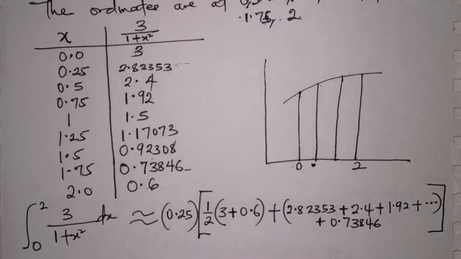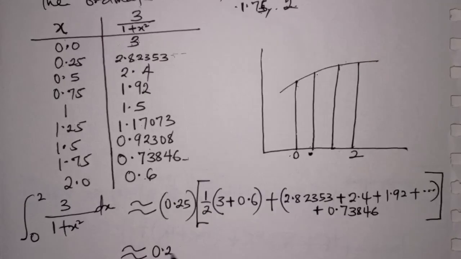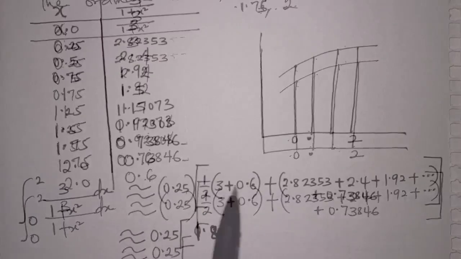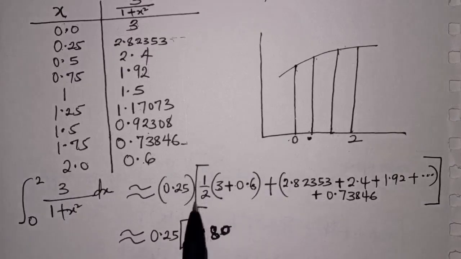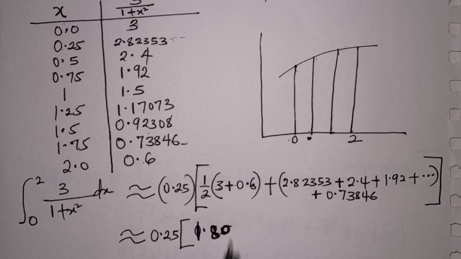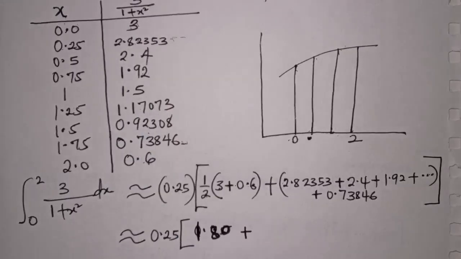73846. This integral is approximately equal to 0.25 into 3 plus 0.6, actually that is 3.6, so divided by these two, that's 1.8. Then let's add up all these together. That's from here to here. 11.4758.